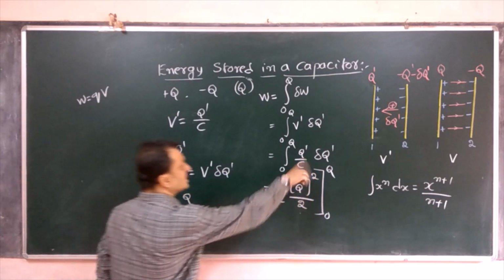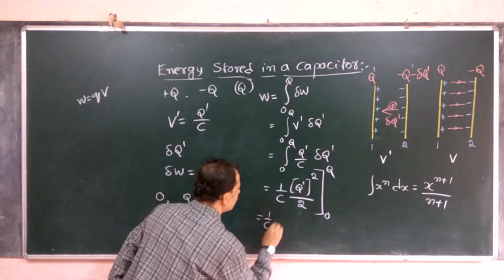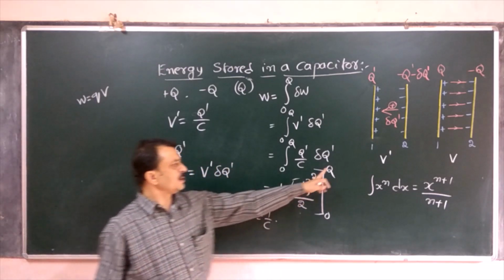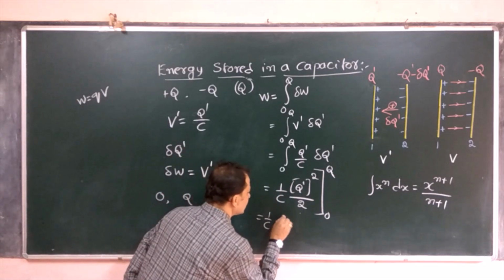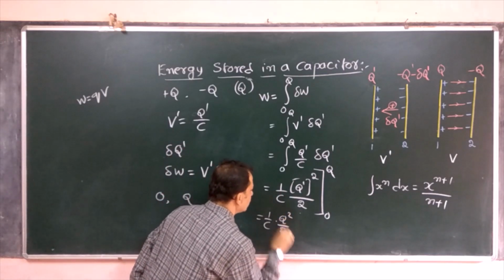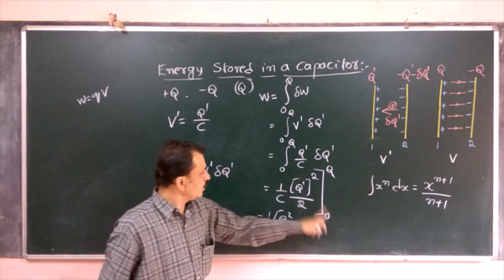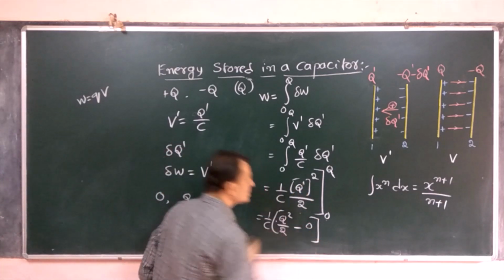Now applying the limits, I will get 1 upon C into, first applying the upper limit, Q dash becomes Q. That is Q square divided by 2 minus the lower limit, that is 0.